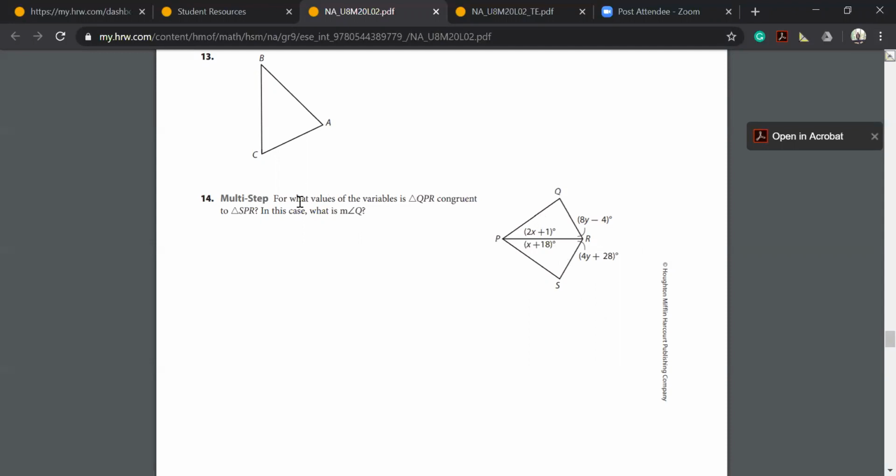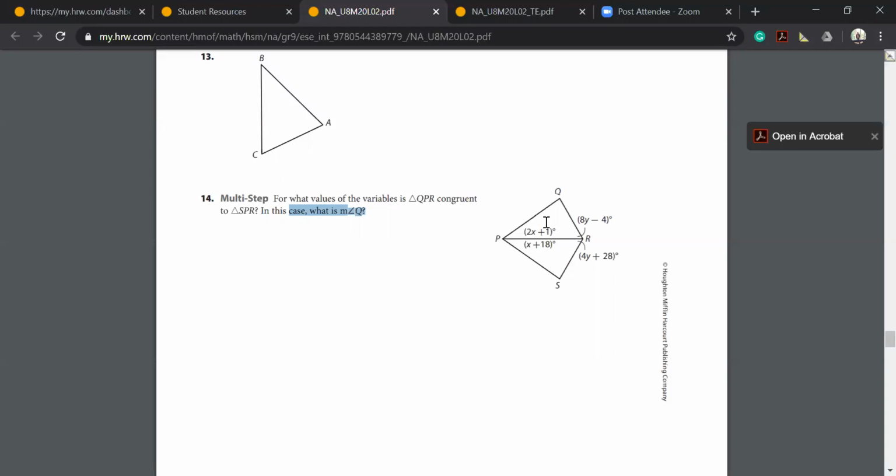And in this case, what is the measure of angle Q? That is like another question; we will reach it after we finish the first part. In the first part, he is trying to find the value of x and the value of y. To find x and y, I have to use the ASA theorem.